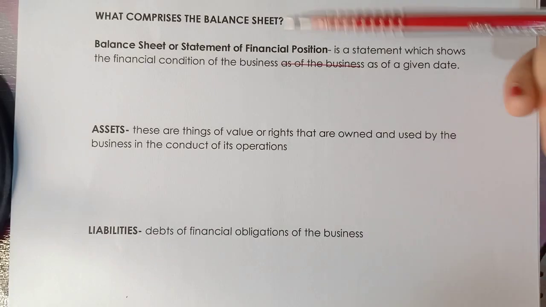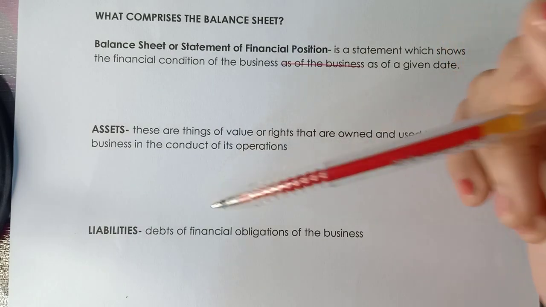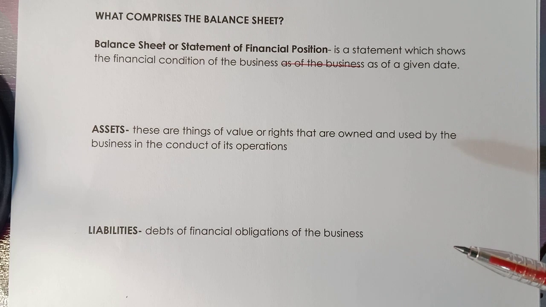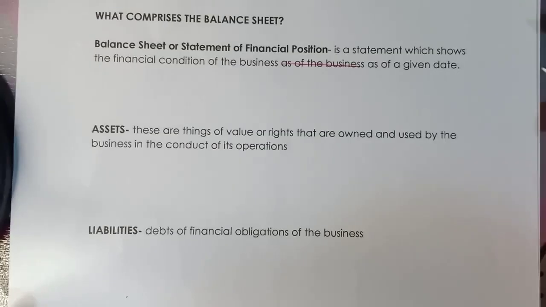And in this balance sheet, it will show the assets, the liabilities, and the owner's equity. Those three are called the accounting values.